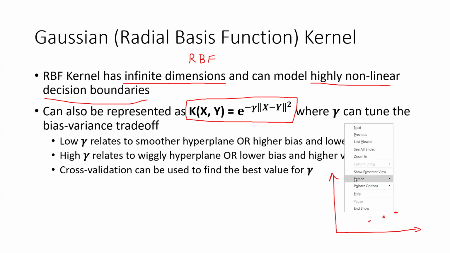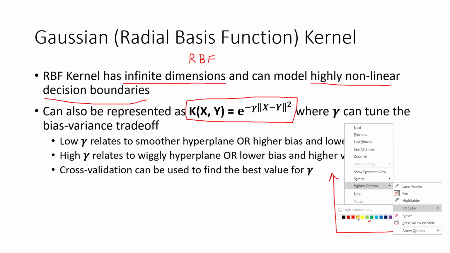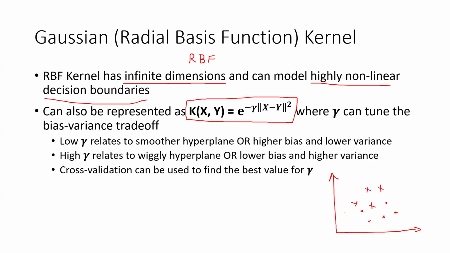Let me take another color. This would be a very smooth hyperplane with low gamma. It would have higher bias because this decision boundary is not complex, but because it is simpler, the variance would be lower.